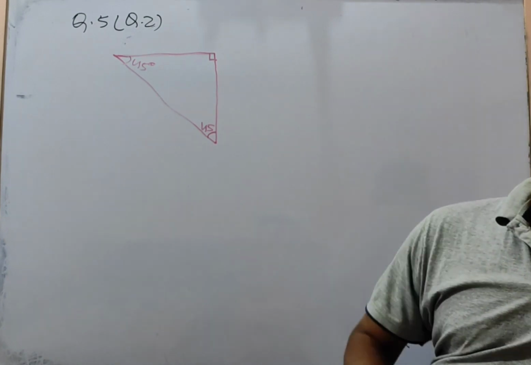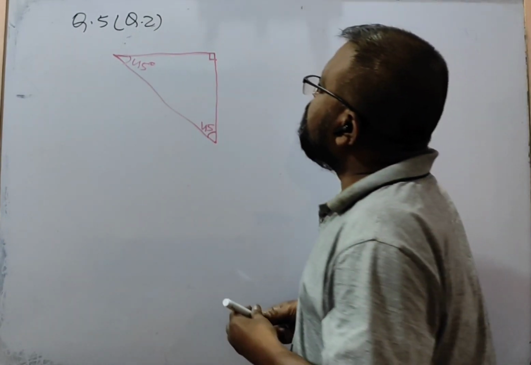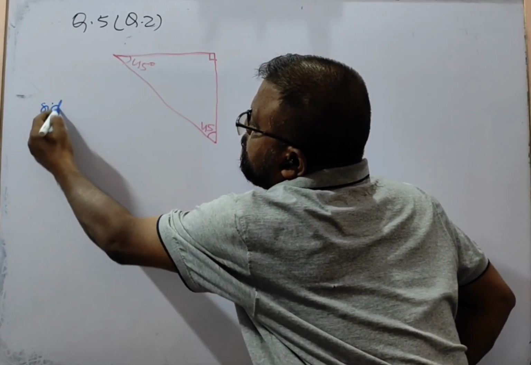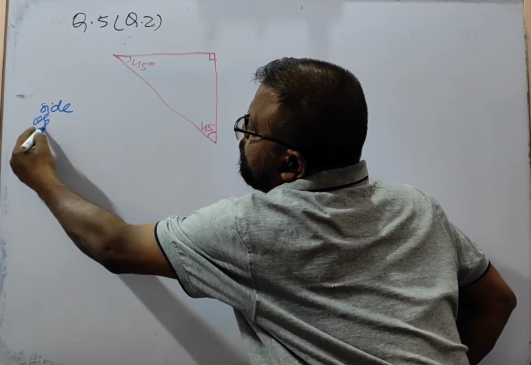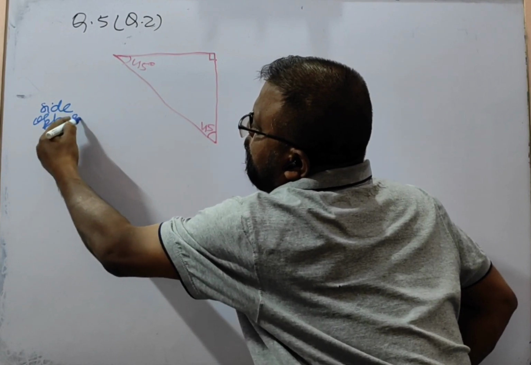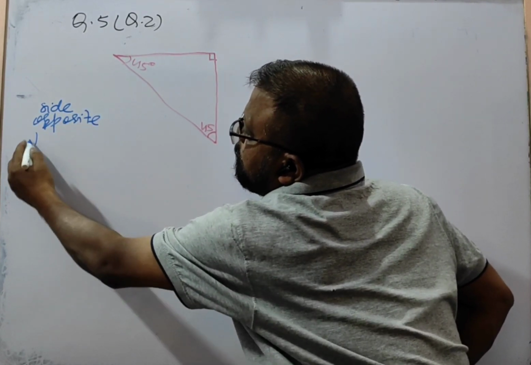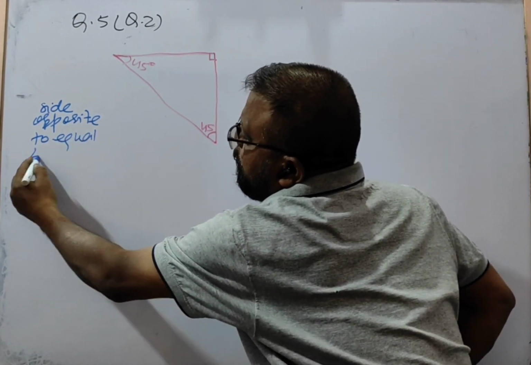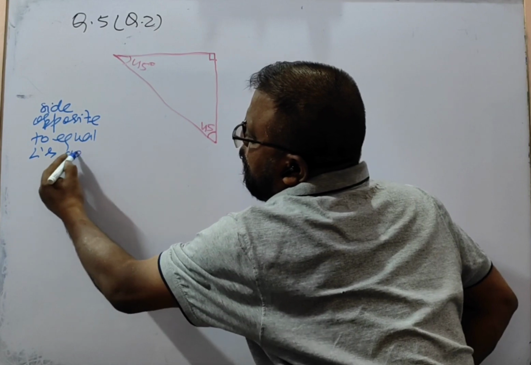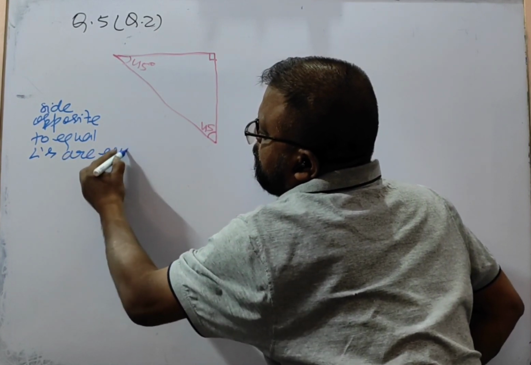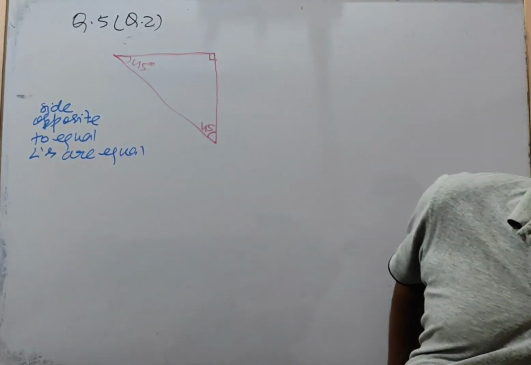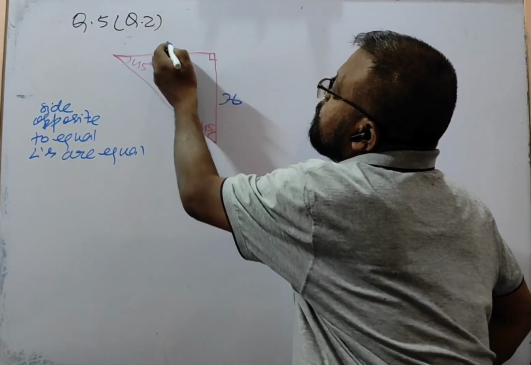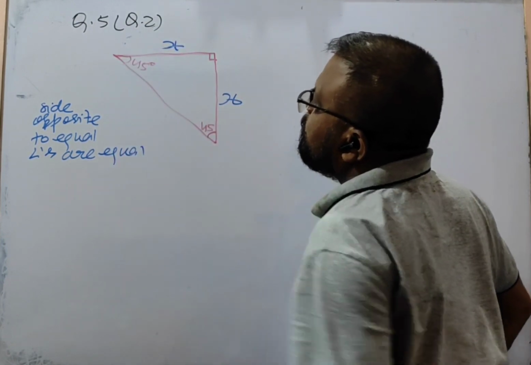So the side opposite to equal angles are equal. And it is given this is x, so this will also be x, right?